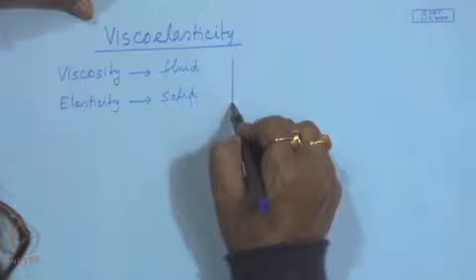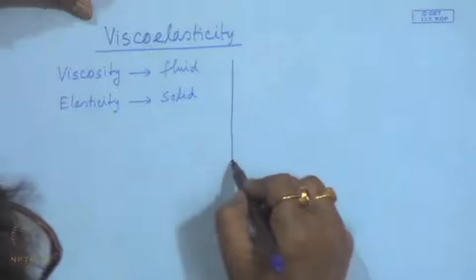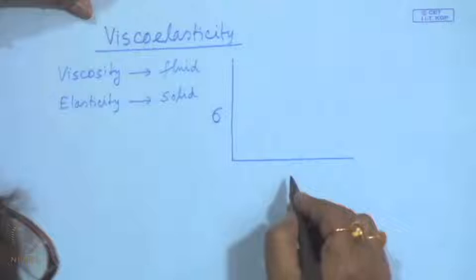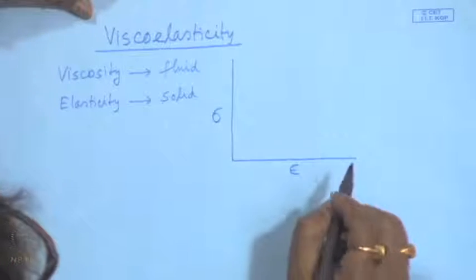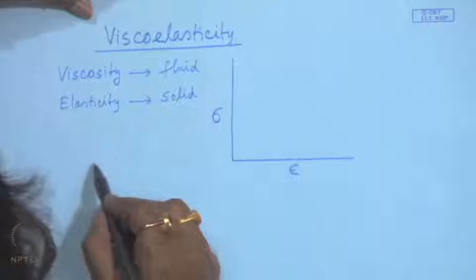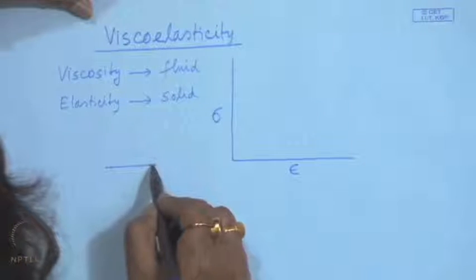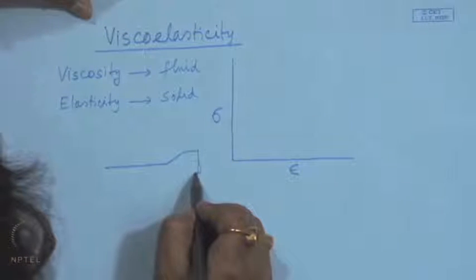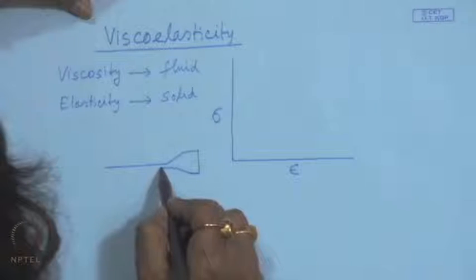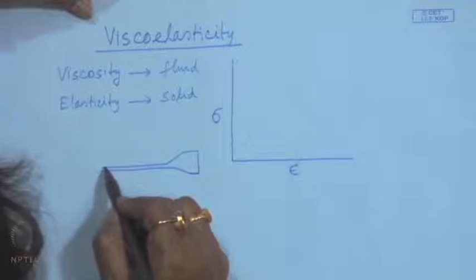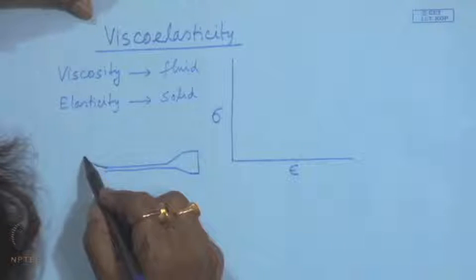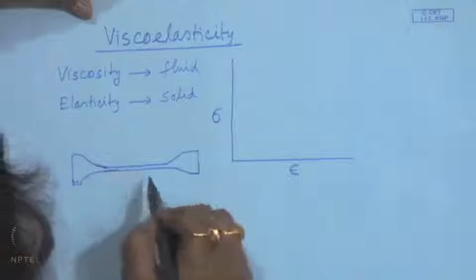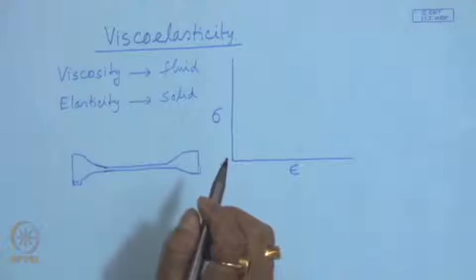If we take a stress strain profile, stress represented by sigma, strain represented by epsilon, that means if we take a dumbbell specimen, you have to measure the tensile properties of a material.